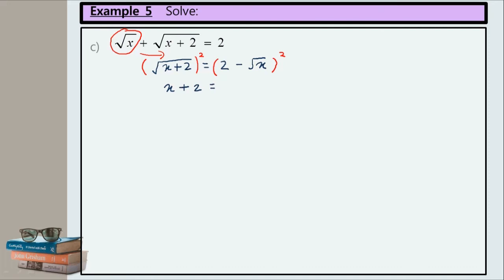And this one, since we have 2 minus set x squared, write like this first. 2 minus set x times 2 minus set x.